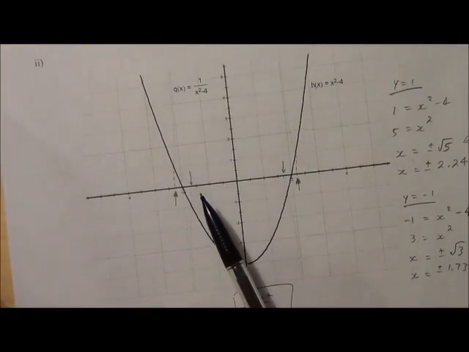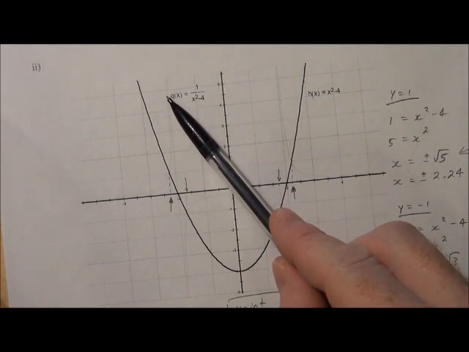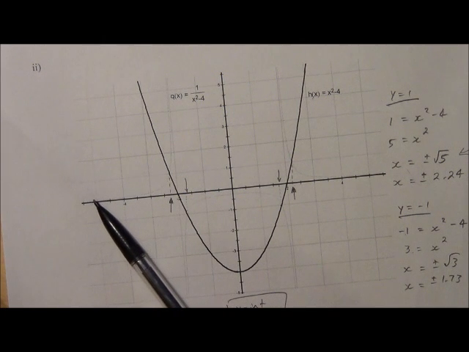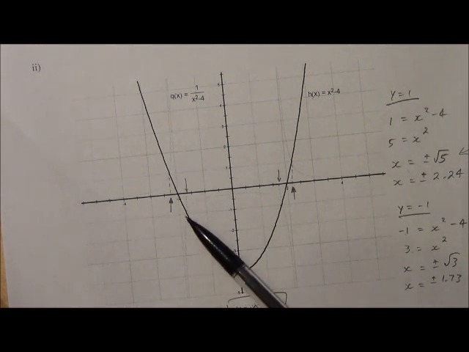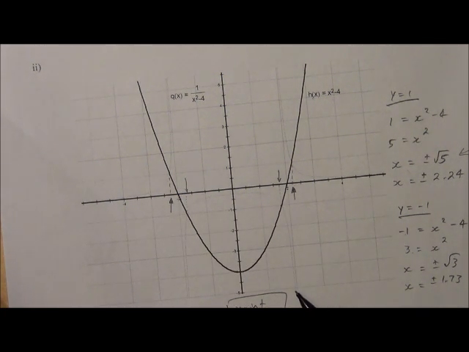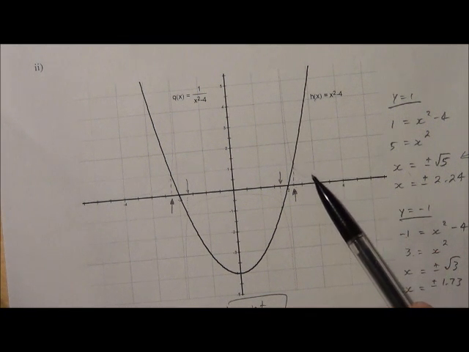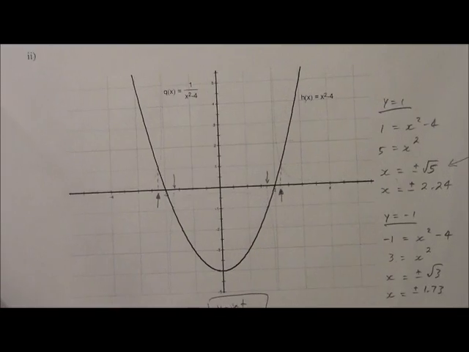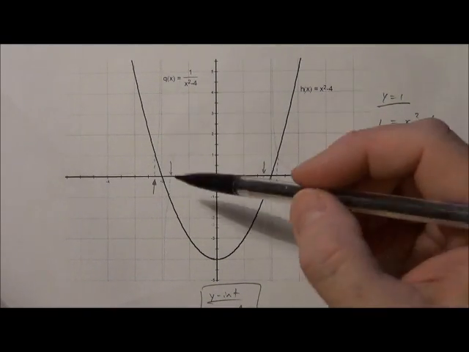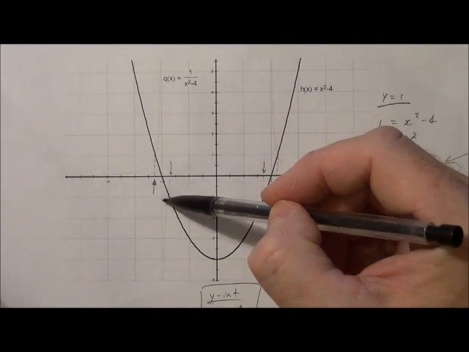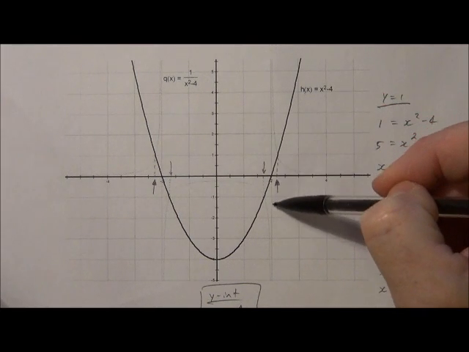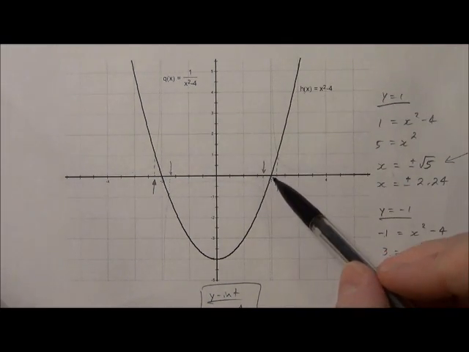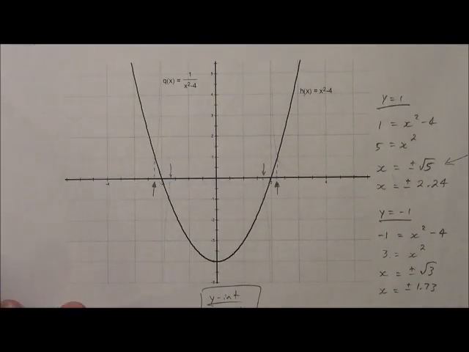And we see that this graph here does not cross the x-axis, here does not cross the x-axis, and here it does not cross the x-axis either. So there are no x-intercepts, but there are 2 vertical asymptotes, and those occur at x equals 2 and x equals negative 2.